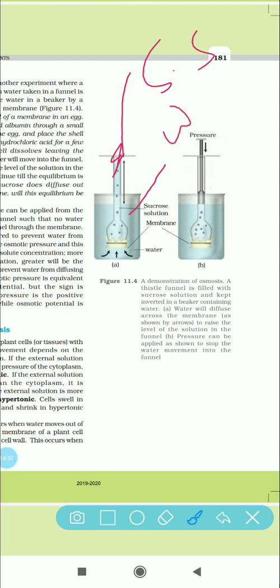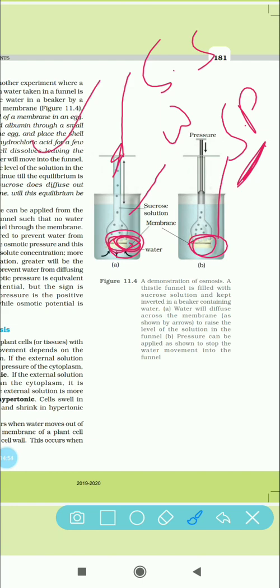Outside in the beaker there is water, and over here they have tied a semi-permeable membrane, which you can also get from the eggshell by dissolving it in hydrochloric acid. You can read that from this paragraph.